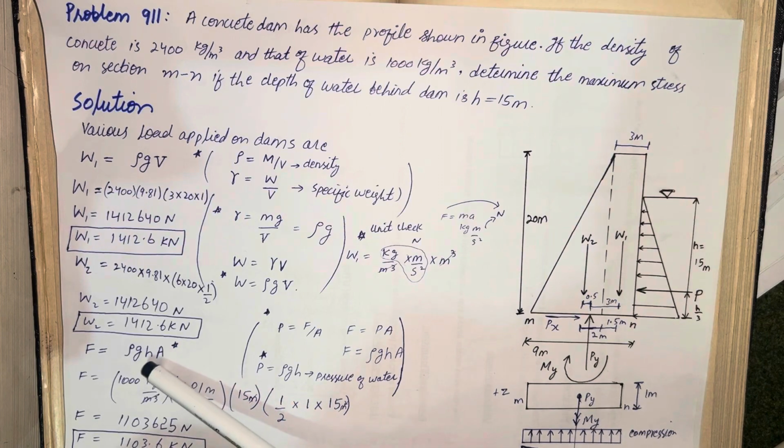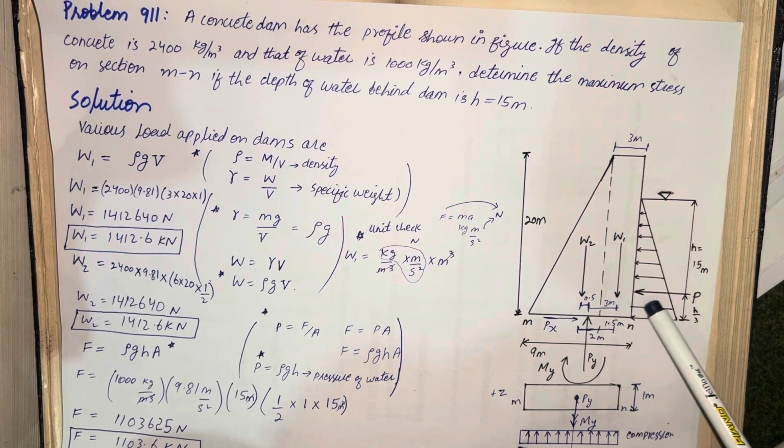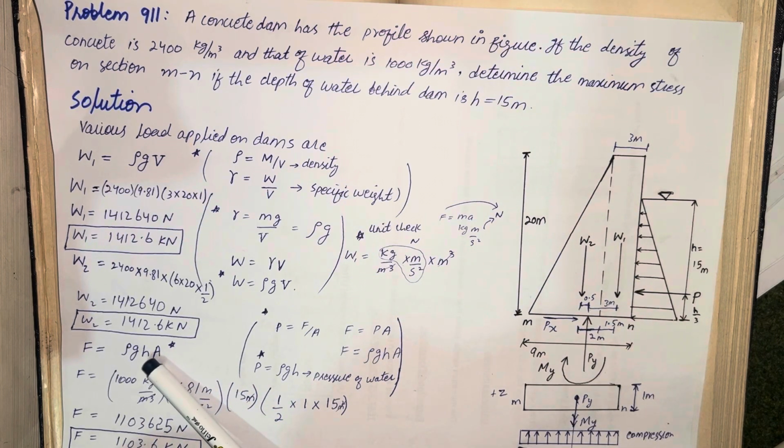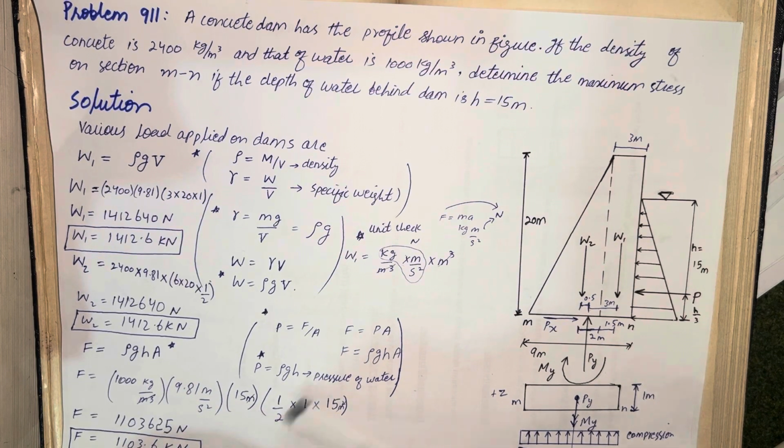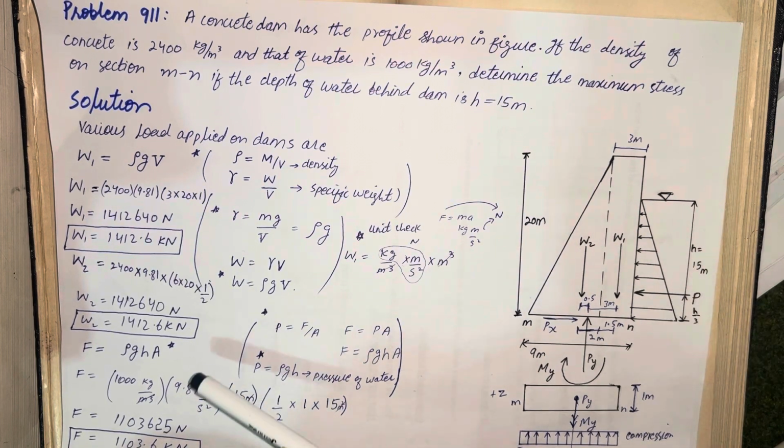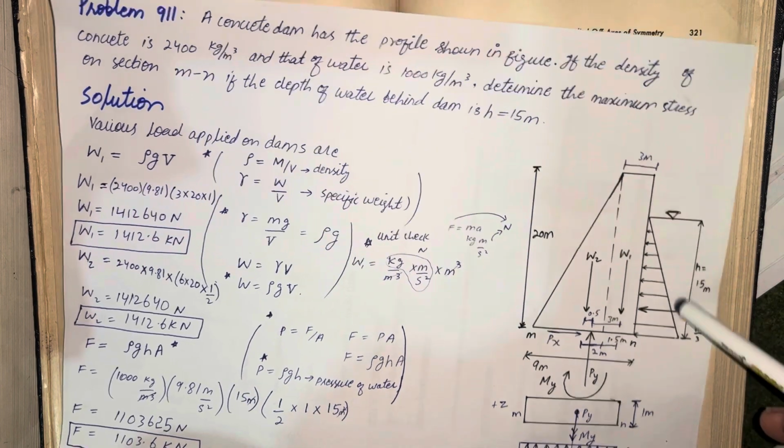To find this force exerted by water on the concrete dam, just multiply the density of water, 9.81, the height of the water which is 15 meter, and then the area of this load.